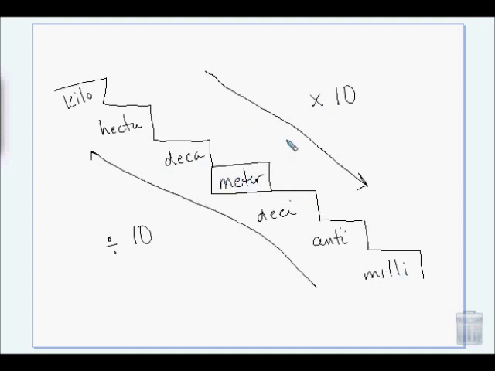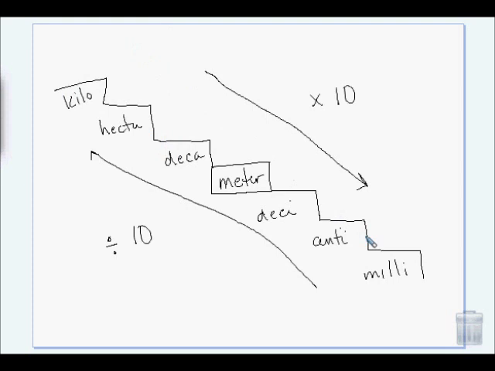As I'm going down, 1 meter is 10 decimeters, which is 100 centimeters, which is 1,000 millimeters. Like 1 meter is 1/10 of a decameter, because I divide by 10, is 100th of a hectometer, is 1,000th of a kilometer.